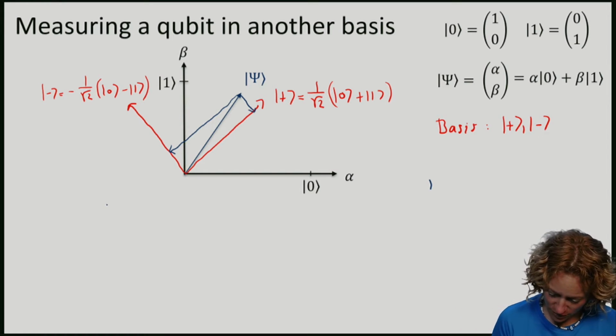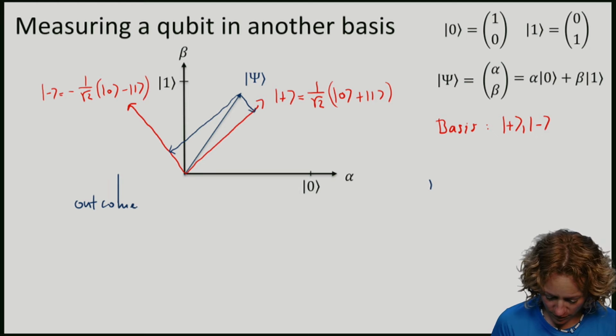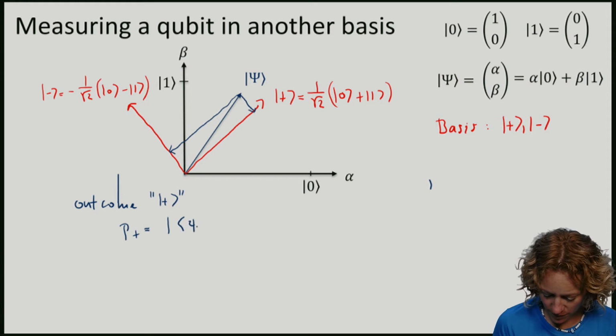So the measurement outcomes, which I'll identify with the elements of the basis, so outcome plus has probability taking psi, inner product plus.